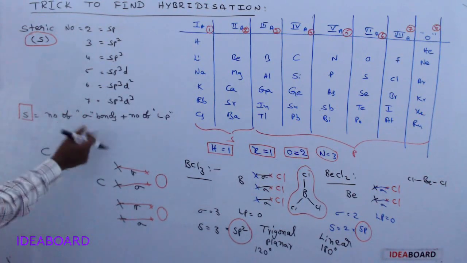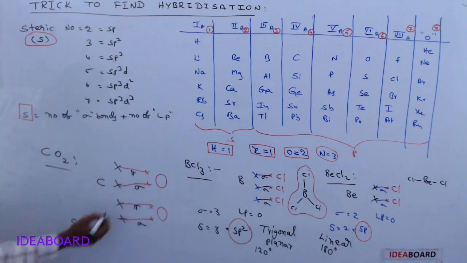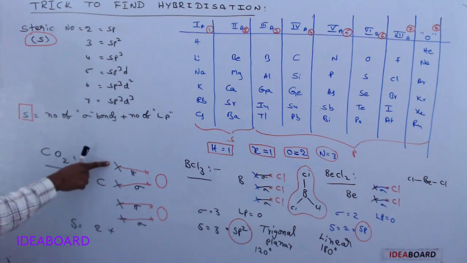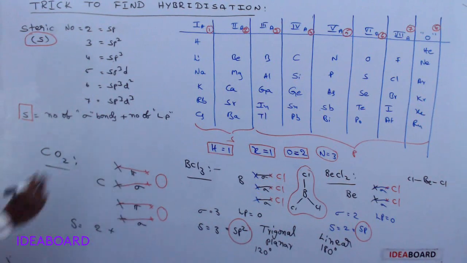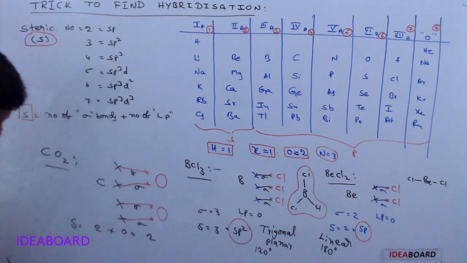So, for steric number calculation, what are we considering? Only sigma bonds. How many sigma bonds do we have? 2. Plus, is there any lone pair on the central atom? No, because all 4 electrons participated in the bonding. So, 0 lone pairs. So, the steric number is 2.